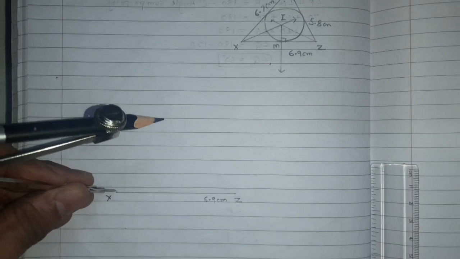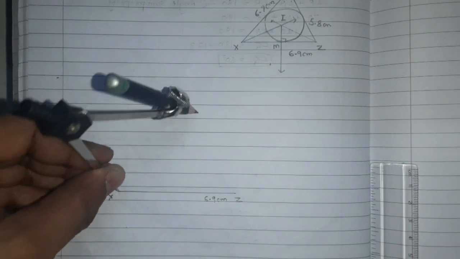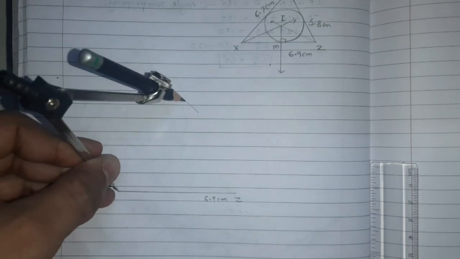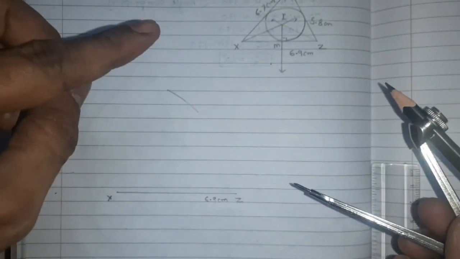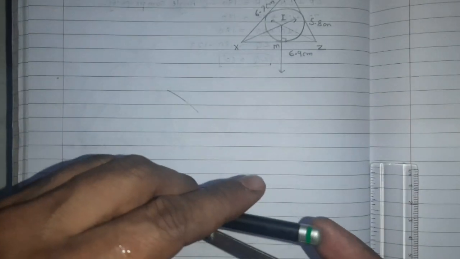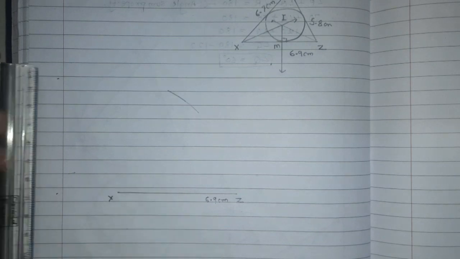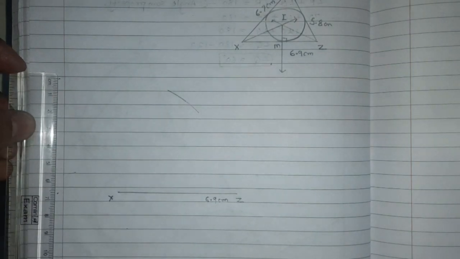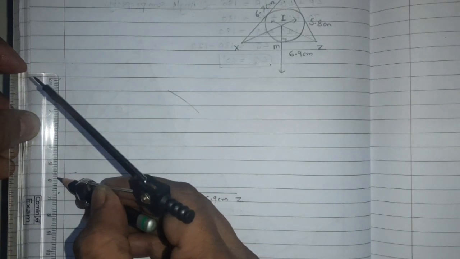Put the metal point on X and make an arc like this. Now the point Y is 5.8 from Z. Therefore, now we have to take a distance of 5.8 like this. This is 0, and here it is 5.8.